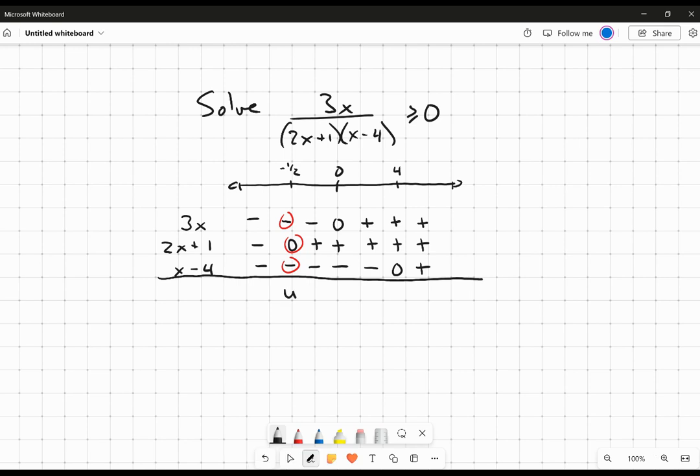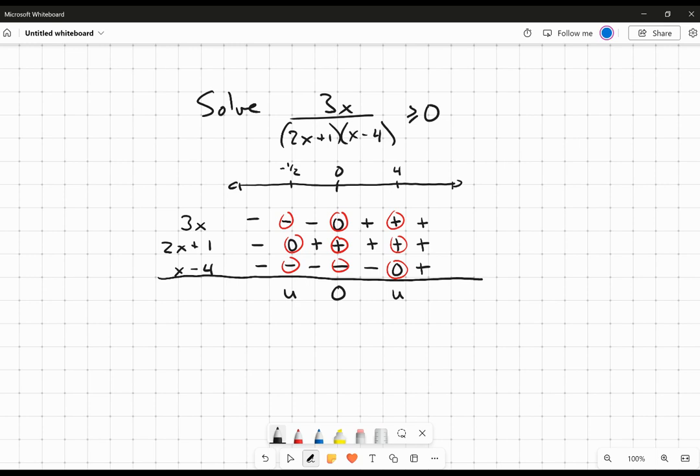That's going to be undefined. When x is negative 1 half, that's undefined. At 0, I have a 0 in the numerator, and then a positive and a negative multiplied together. Well, that's going to give me a 0. At 4, I've got a positive divided by a positive times 0. Again, that puts a 0 in the denominator. It's going to be undefined there.